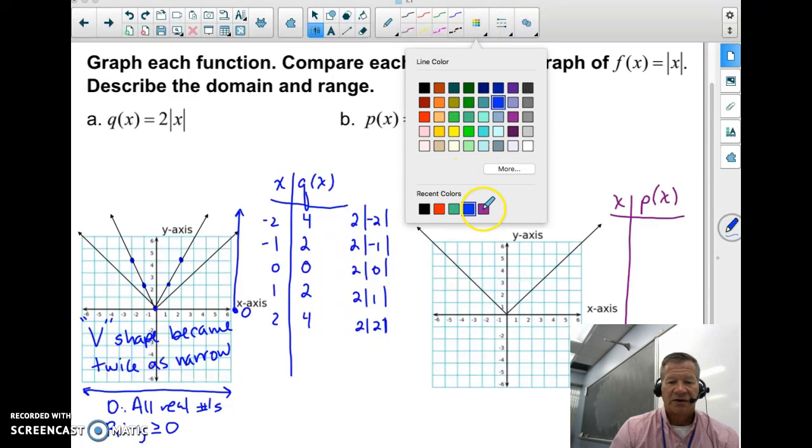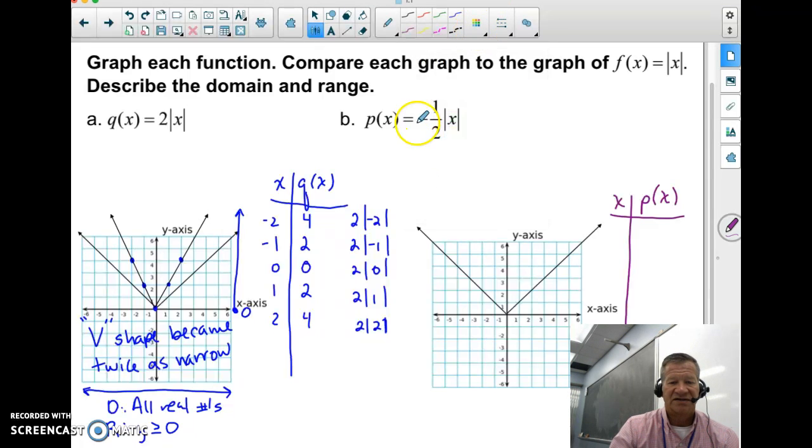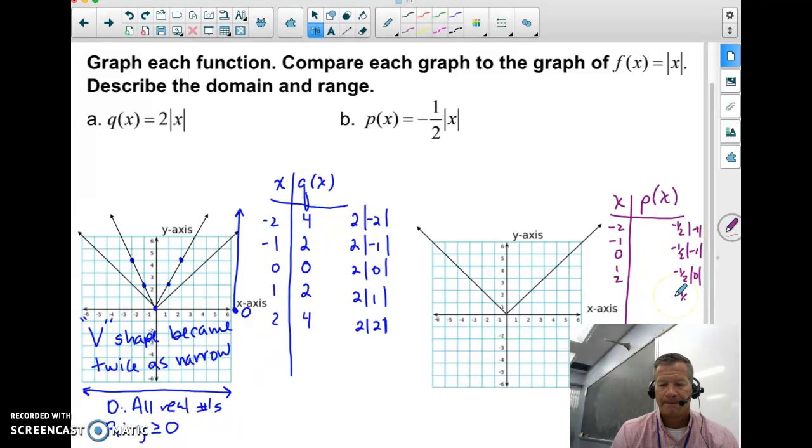Okay, let's try this one. P of x is -1/2 the absolute value of x. So again, let's choose our favorite values. And again, if we need more, we can always add more. So we have -1/2 absolute value of -2, -1/2 absolute value of -1, and so on down the list. And the last one is -1/2 absolute value of 2.